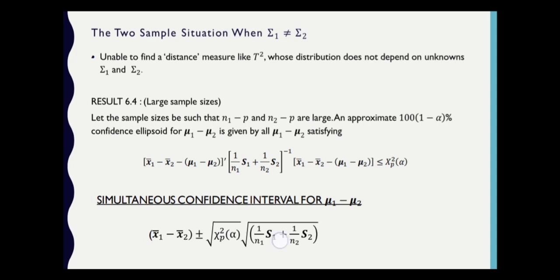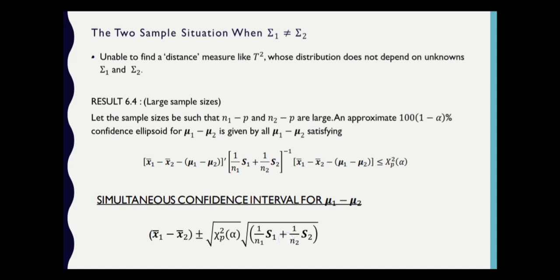And then beza dekat sini, when you want to find the variance, kita gunakan this formula. Okay. Kalau small sample size, because of we deal with the large sample size.